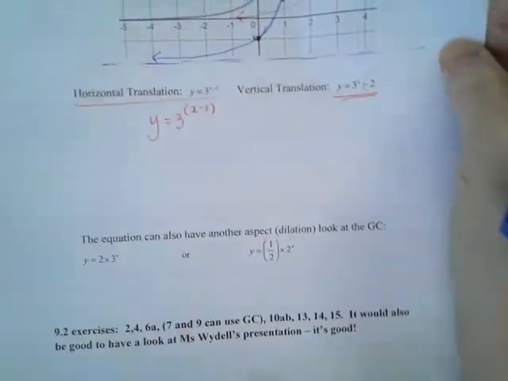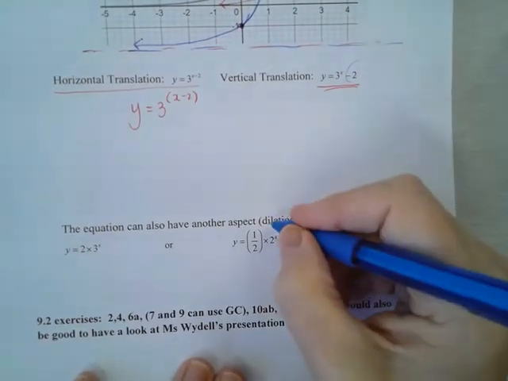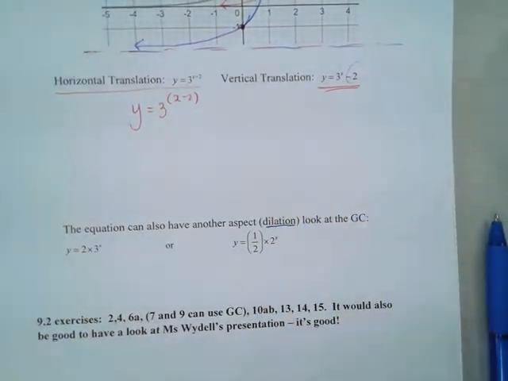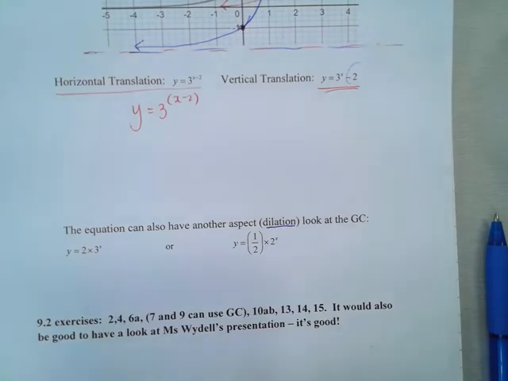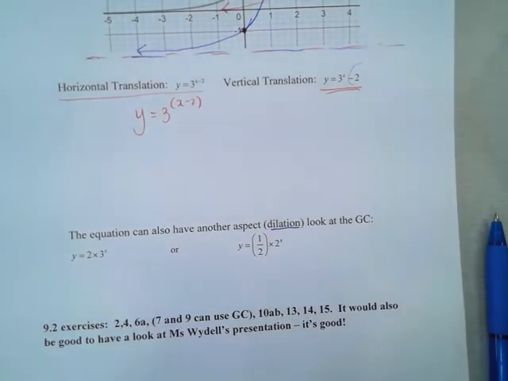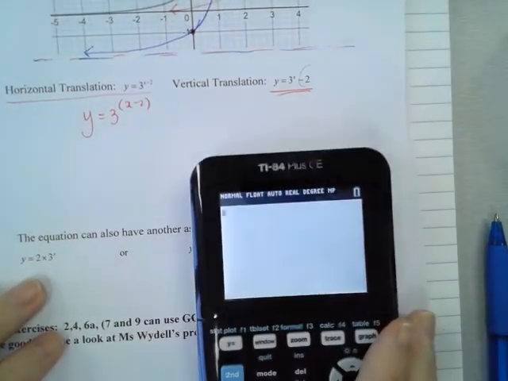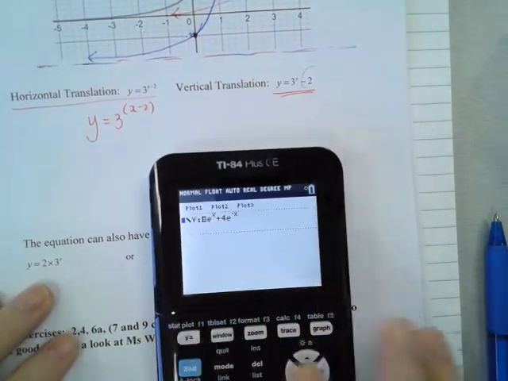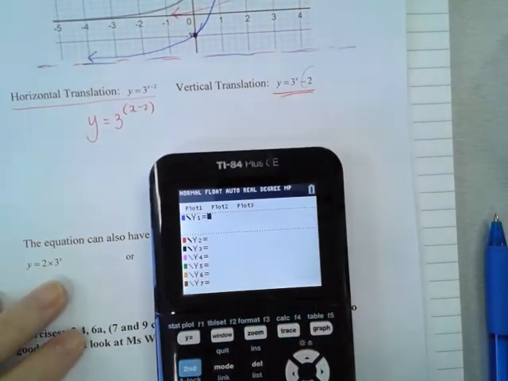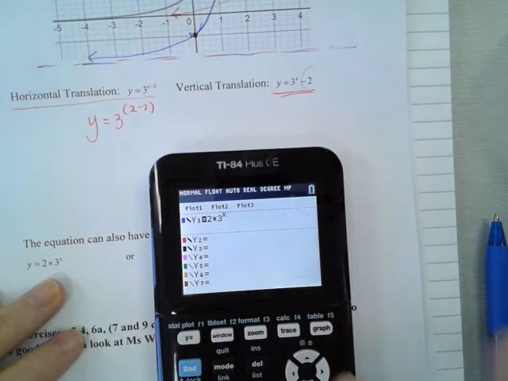All right, now, I don't want you to get too worried about these dilations. They're mostly going to be calculator things, and all this dilation stuff we didn't really talk about that much before because we said we were going to use it with trig. But let's just have a look on the calculator of y equals 2 times 3 to the x, and I'm sure you can see what's going to happen.